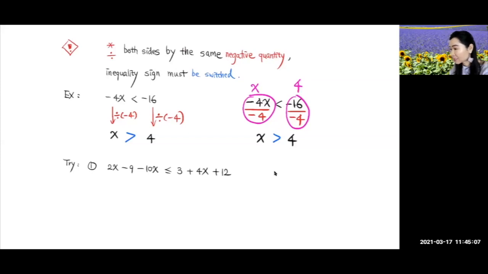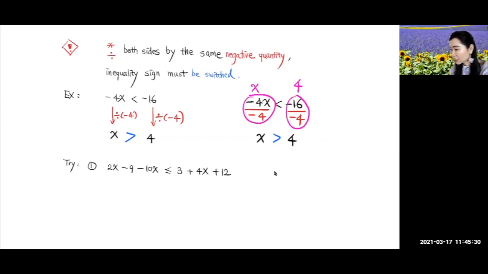And then all of a sudden, in the next step, you're saying x is greater than 4. So you are contradicting yourself. At this step you're saying x is less than 4, and at the next step you're saying x is greater than 4. You shouldn't do this.